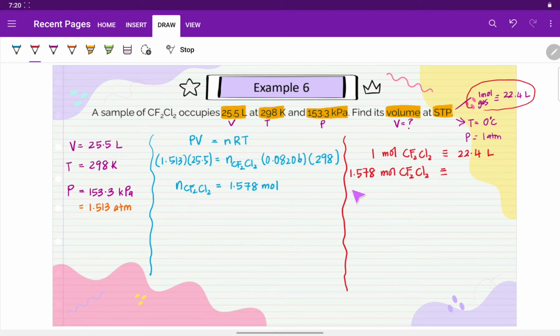Okay, so if we have this much of CF2Cl2, berapa volume dia? Okay, berapakah volume gas? Okay, so awak kiralah. Calculation will be 22.4 times 1.578 over 1. Okay, dan kita akan dapatlah volume kita dekat sini sebagai 35.34 liter. Okay, so this will be our final answer.